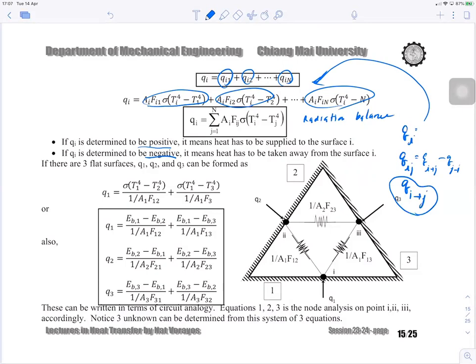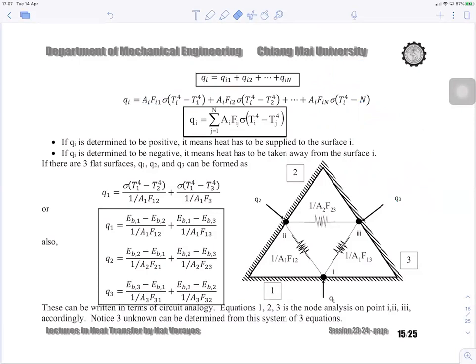So let me give you one more example. How about I have 3 surfaces: surface 2, surface 1, and surface 3. Then you use this equation and write it down. You know that F11 is going to be equal to 0.